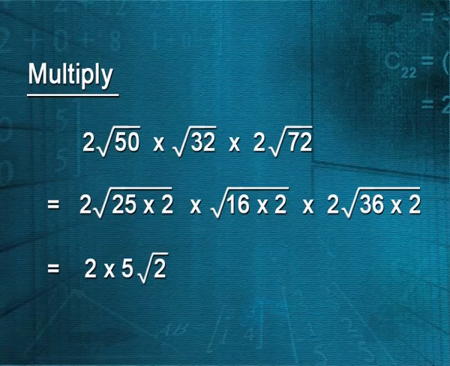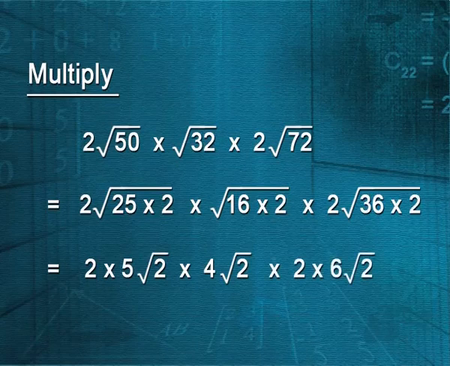Root 16 into 2 can be written as 4 root 2 because 4 is the square root of 16, and root 36 into 2 can be written as 6 root 2 because 6 is the square root of 36.